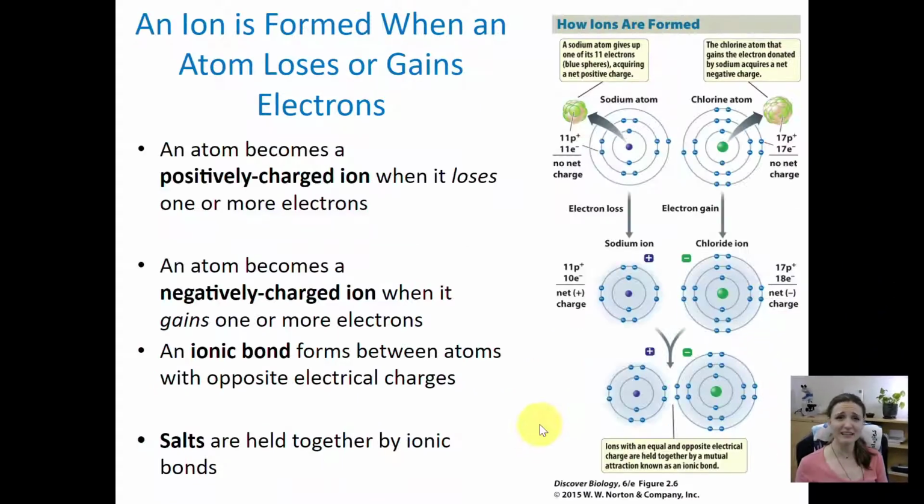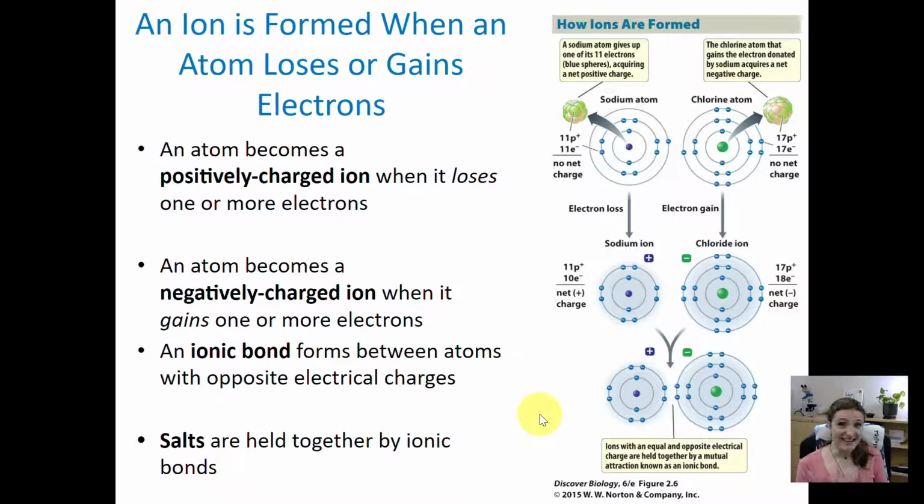Okay, so covalent is when electrons are shared. They spend time around 2 atoms. Some atoms, though, will readily give up or accept electrons. Some atoms will form what we call ions by getting rid of or accepting electrons from another atom.